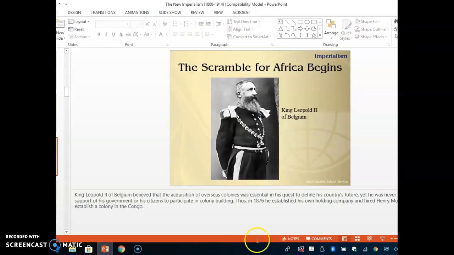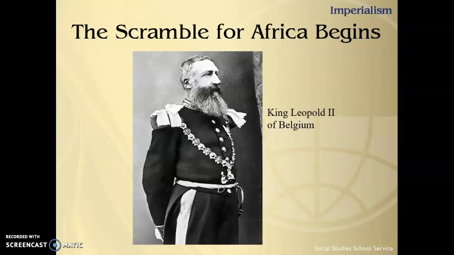And going through this information, and I talked about this person in the last screencast, King Leopold II of Belgium. He is associated with, of course, the Scramble for Africa. He felt that establishing a colony there was important for his nation, Belgium, and what he did in 1876 is he established his own holding company, his own private entity, and he hired this individual, Henry Morton Stanley, who was to go to Africa on his behalf and to establish a colony in the Congo.